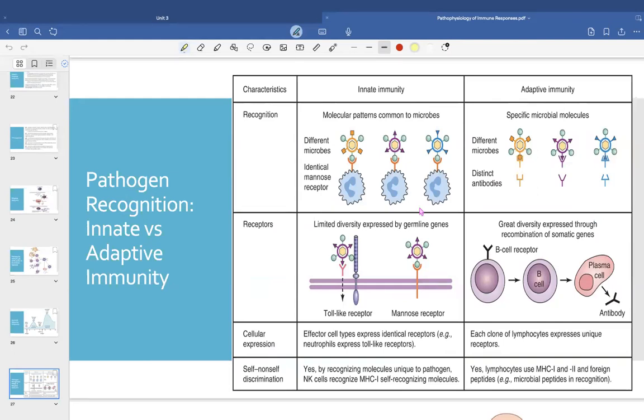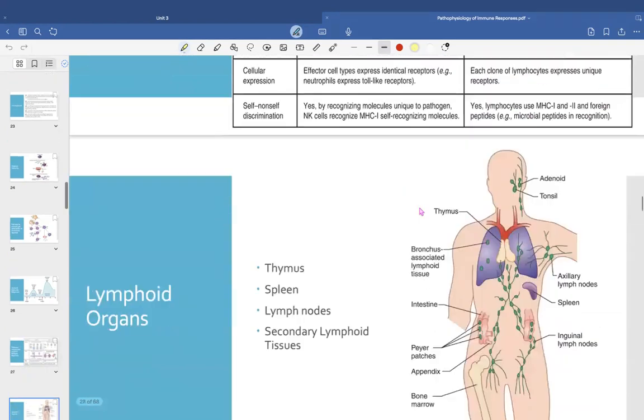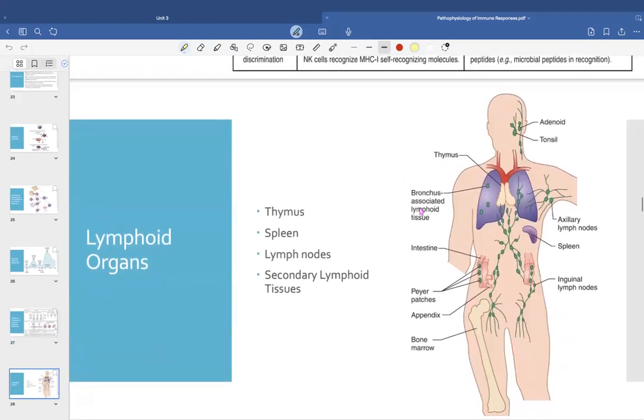The big thing is that they do work together. Looking at your lymphoid organs, a lot happens in these organs. You look at your spleen, your liver, it's part of your lymphoreticular system, and a lot of the killing takes place in your various lymphoid tissues.